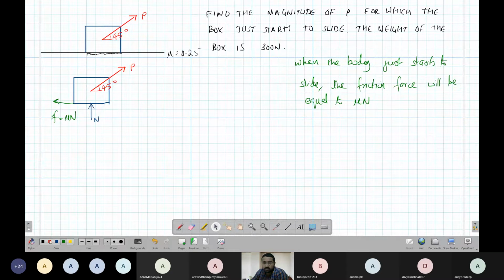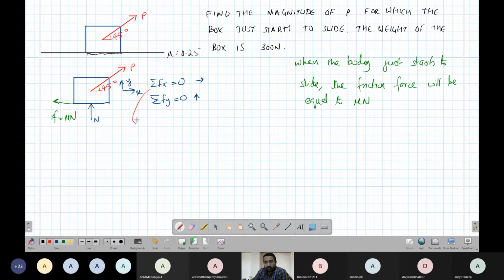So summation of forces in x direction should be equal to 0, and summation of forces in y direction should be equal to 0. This is my x, this is my y. Let's say x direction is positive, y direction is positive.